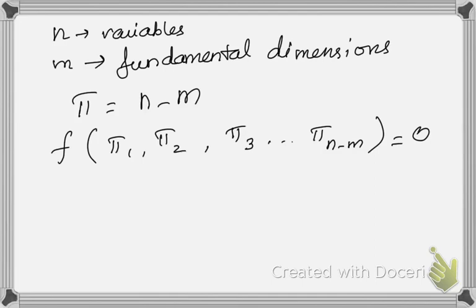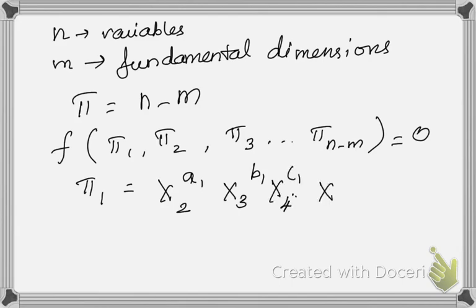Each pi term will be dimensionless and independent of the system, so if we divide or multiply by a constant, it will not change the character of the pi term. Pi 1 will be equal to x2 to the power a1, x3 to the power b1, x4 to the power c1 and x1.